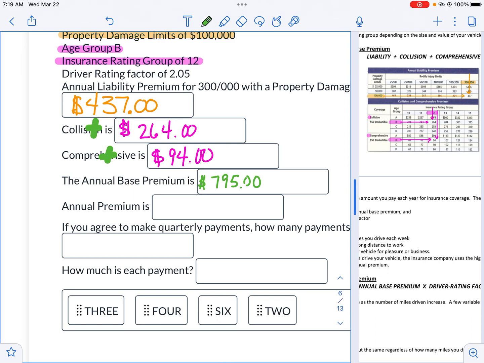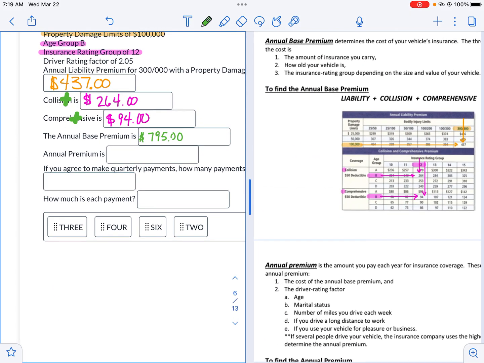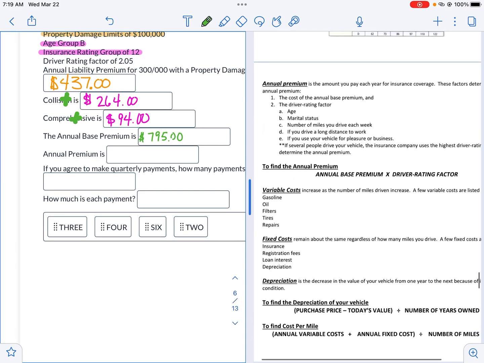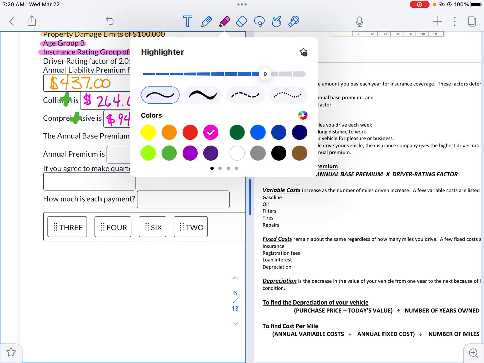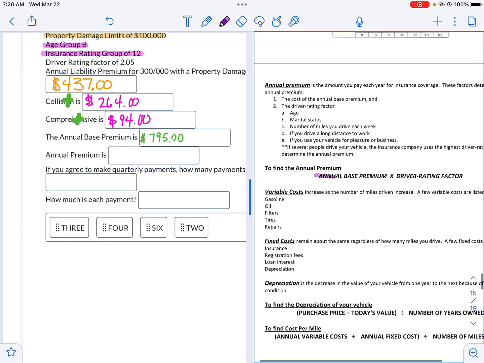Okay, now the annual premium. You'll notice over here in your notes that it says to find the annual premium, let's do this in a different color, let's do this in purple. You're going to take the annual base premium, which is what we just found, and multiply it by the driver rating factor. So the number we just found times the driver rating factor.